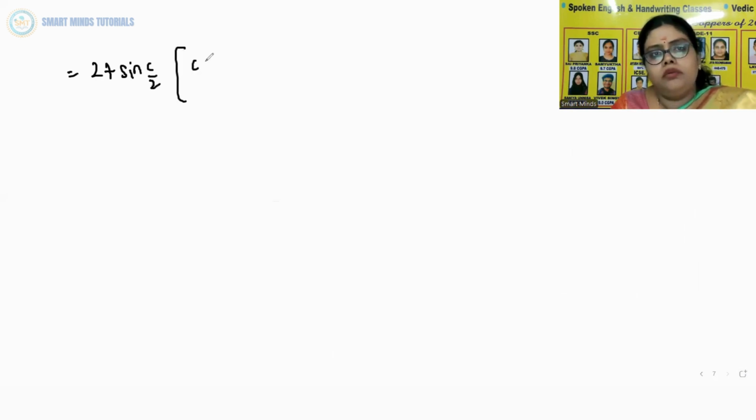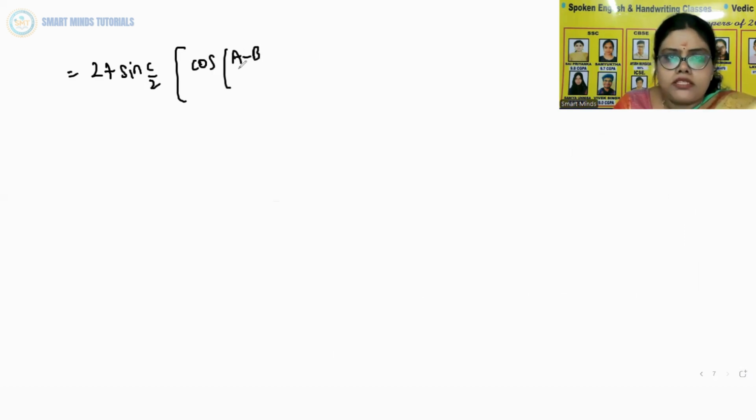So let's see how we do that. So 2 plus sin C/2 into cos (A−B)/2 minus cos (A+B)/2.